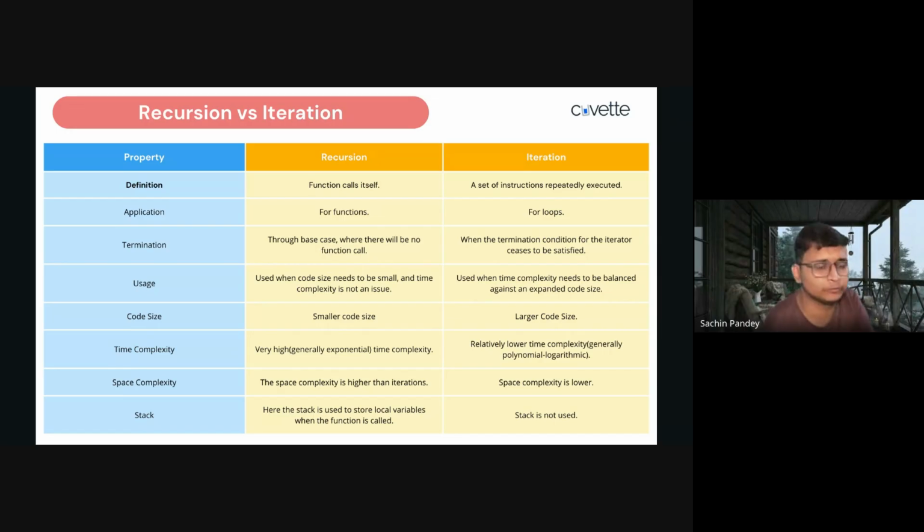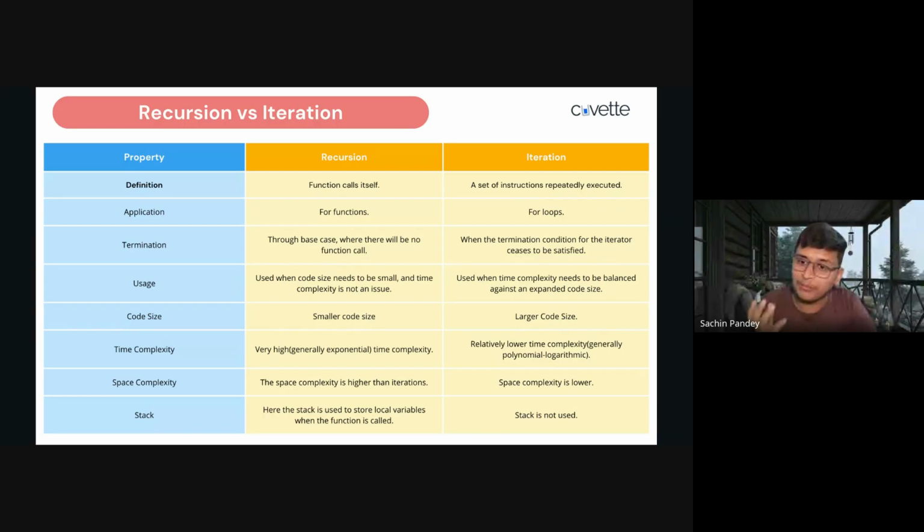Now, termination. How does a recursive function terminate? Using the base case. How does it terminate in iteration? When the termination condition is met. For example, for int i is equal to 0, i is smaller than n, i plus plus.